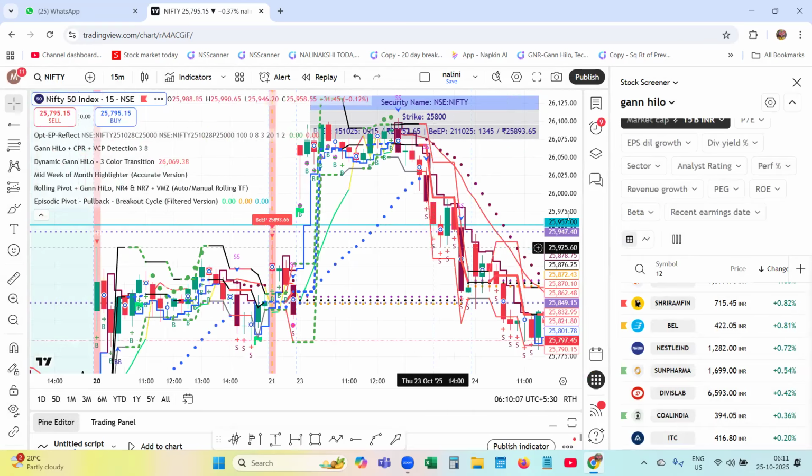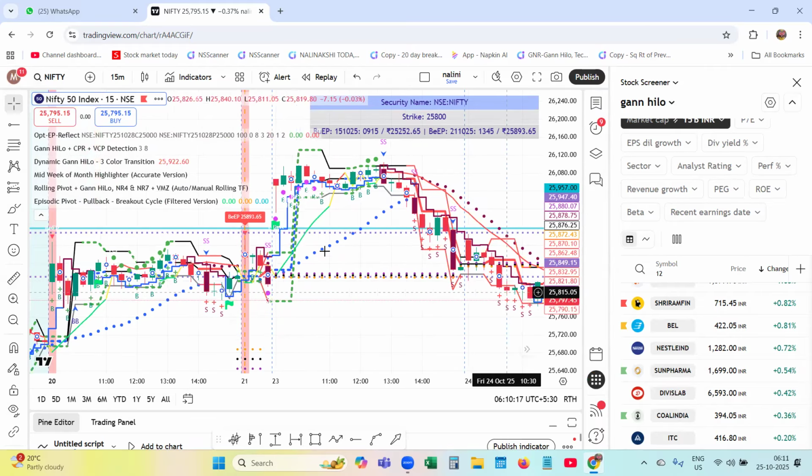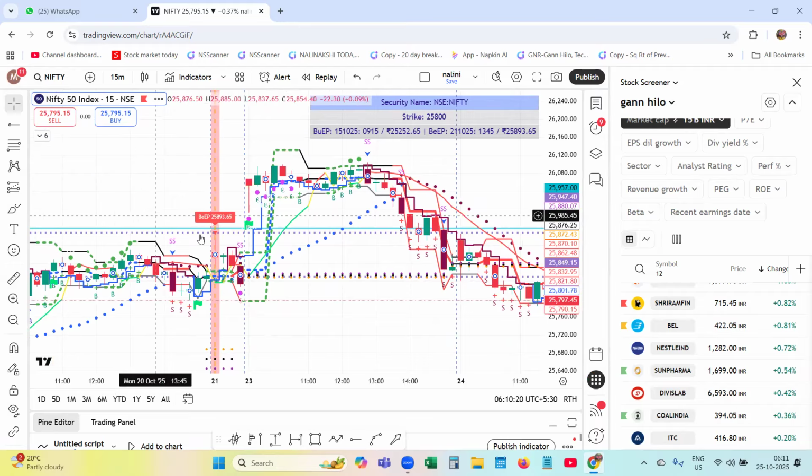See, you can see bearish episode generated on 21st itself. It is plotting over here. But the thing is, big players, what they do, they will pop up. This was the trap actually. Trap has been generated.